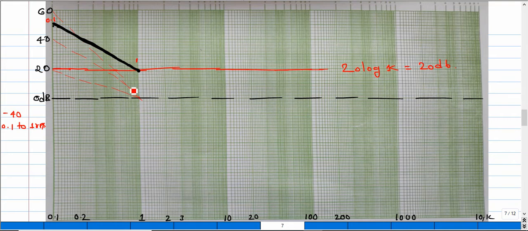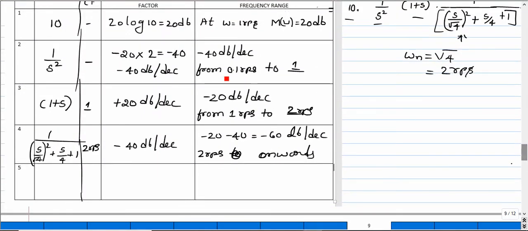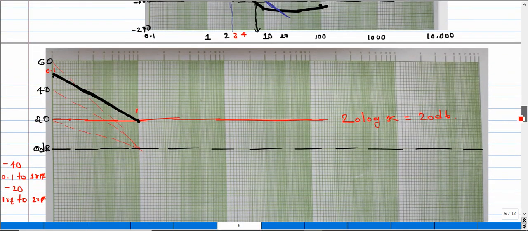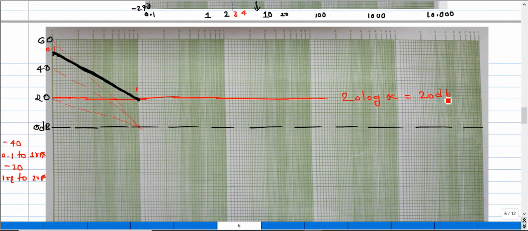Now we shall draw one more line from 1 rps to 2 rps. What is the slope? We found it as minus 20. Let us check the table. So that is minus 20 from 1 to 2 rps. This particular point is 1 rps and this is 2 rps.